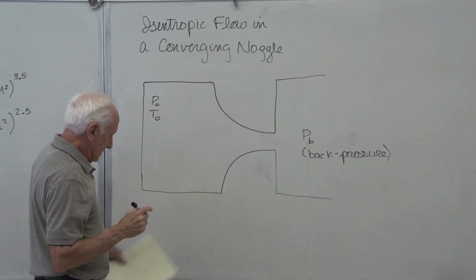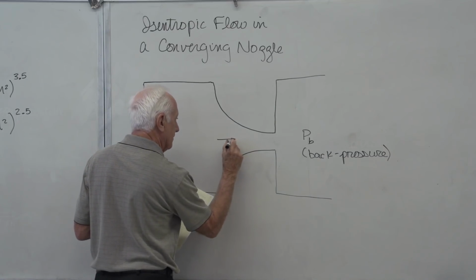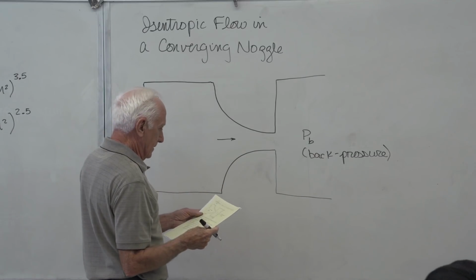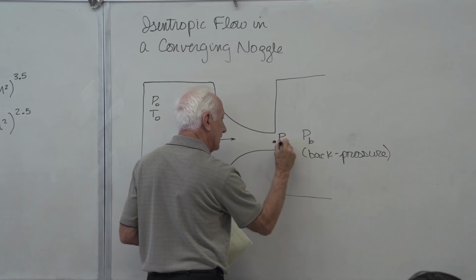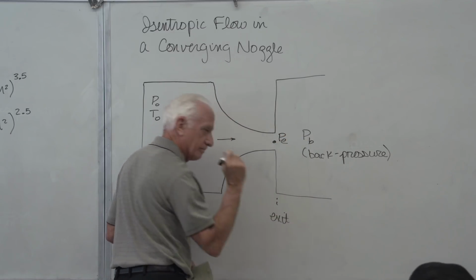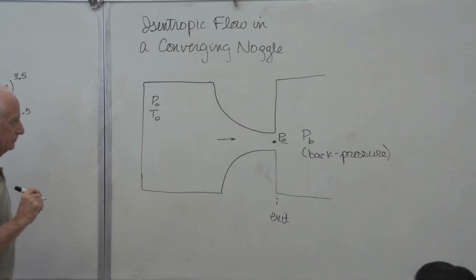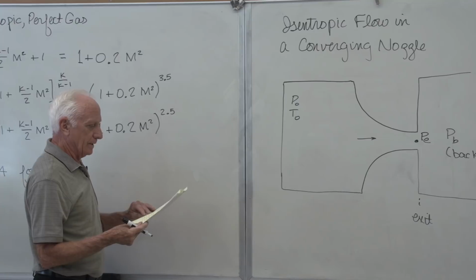Okay, let's see, I think that's all we need. The flow is going to be going this way, of course. This pressure here at that point is called P exit. This is the exit of the nozzle. Okay, I think that's all we need in our picture.